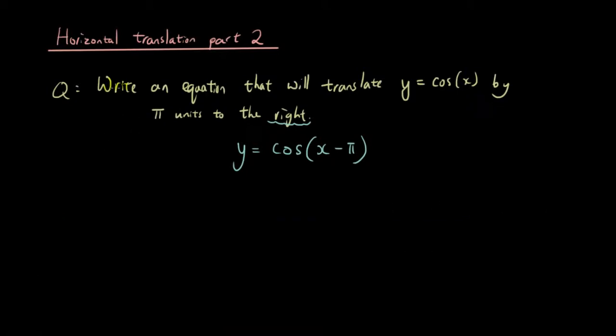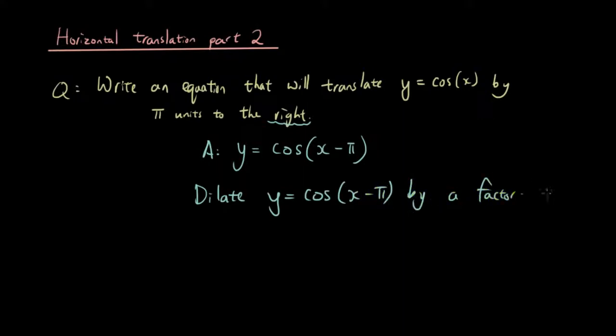Okay, now in this tutorial I'm going to talk about what happens when you want to translate a curve as well as dilate it horizontally. So now that we have translated it, which is this curve here, I want to dilate y equals cosine of x minus pi by a factor of 2.